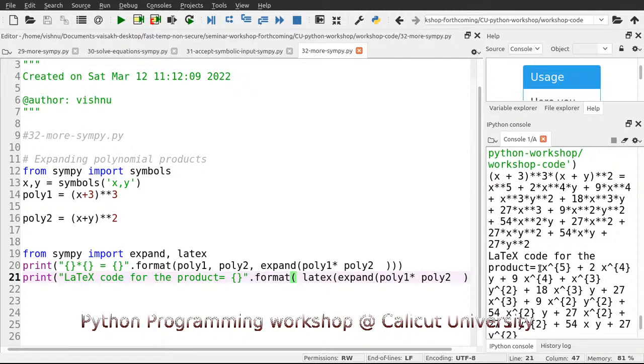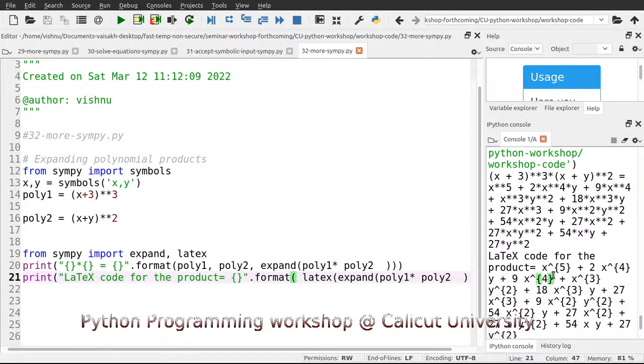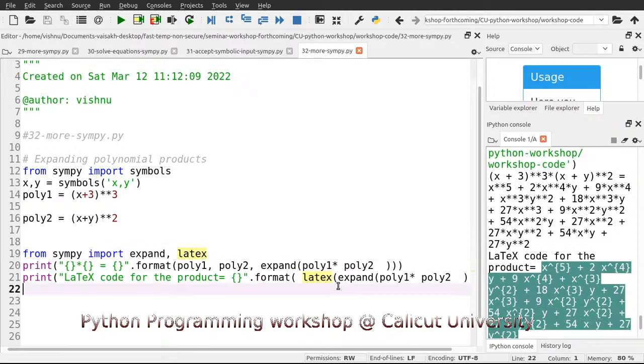The good thing with this is that if you are performing some computations and want to make use of that output directly in your LaTeX file, you are typesetting something, instead of typing it again or modifying it again, you can ask Symbolic Python to provide the output in LaTeX format.